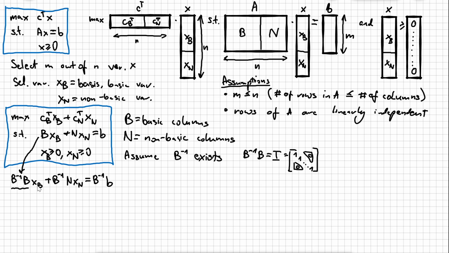So an identity matrix times vector xb will just be xb, and this I can take to the right-hand side, so I can say B minus 1 b minus B minus 1 N xn. So it's interesting that if the inverse of B exists, we can express xb as a function of xn. All the xn variables are on the right-hand side, and if I assumed some values for xn, I could actually calculate values of xb.